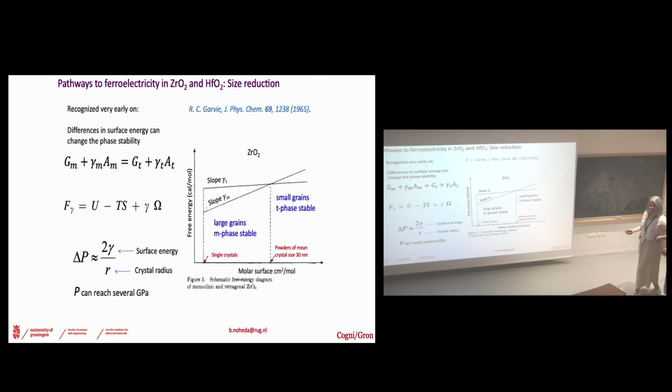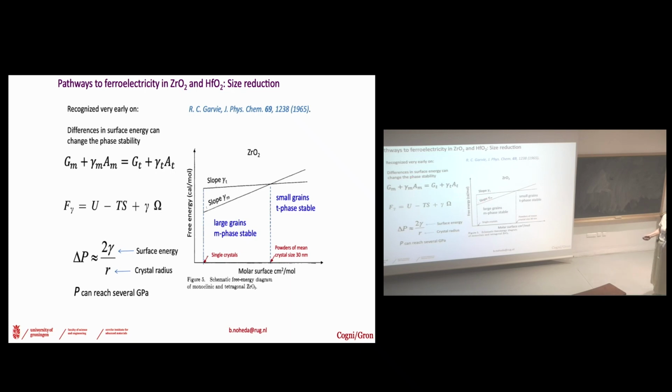Now, how to get into this tetragonal phase that I mentioned? You need to try to get the tetragonal phase, and that's where the size effects are important. This was already known a long time ago, also in the works of Alexandra Navrotsky on nanoparticles. This is very clearly explained: if you look at the thermodynamical equilibrium and you add not only the bulk energies but the surface energies, this gamma here, then you can change the stability because of the different surface energies.